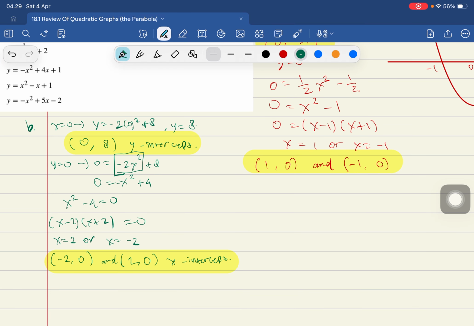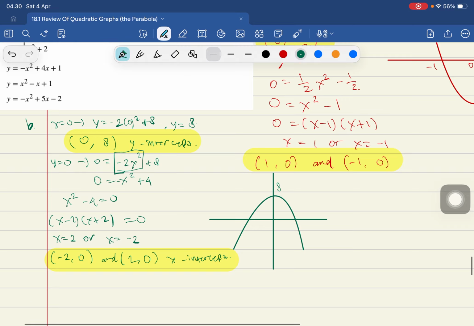I will sketch it here. Okay, here is 0, 8. It's minus 2 and 2.